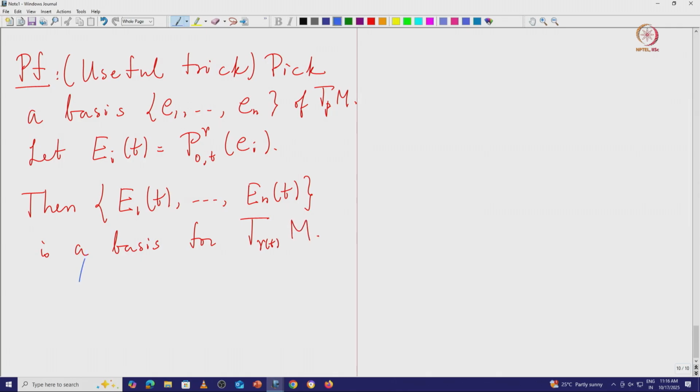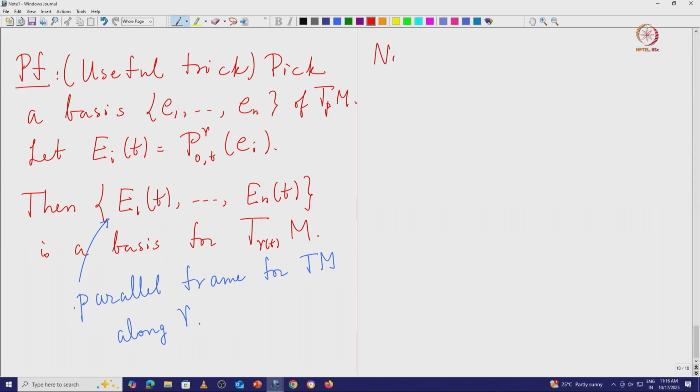In fact, this is called a parallel frame for the tangent bundle along gamma. You'll see how calculations regarding parallel transport become really simple in such frames.